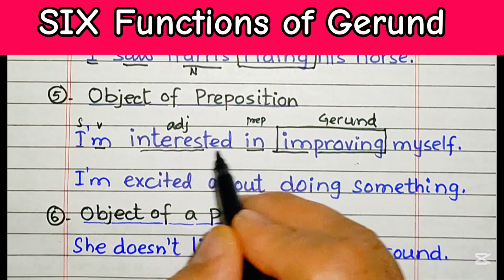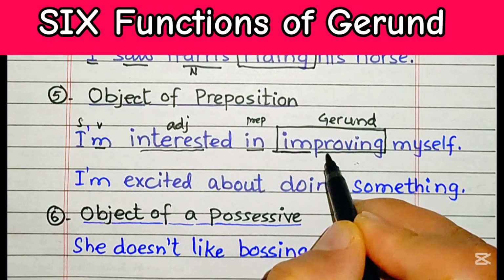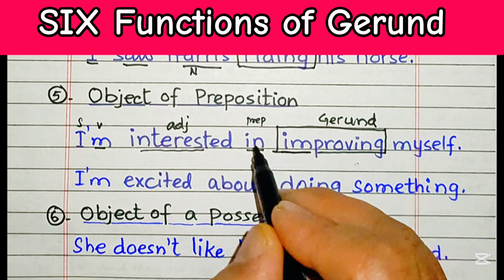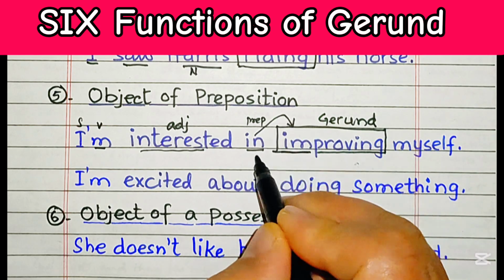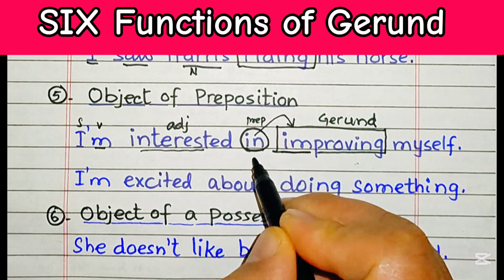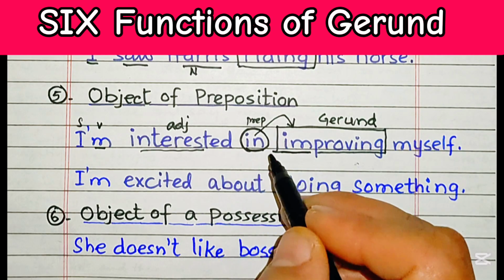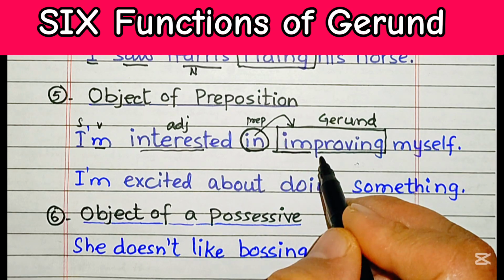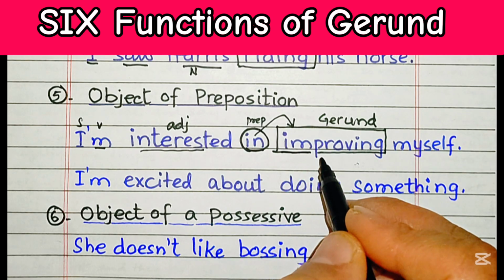If this combination exists, then we can use a gerund after this combination. So after this preposition, we can use gerund. So a gerund can be the object of a preposition.